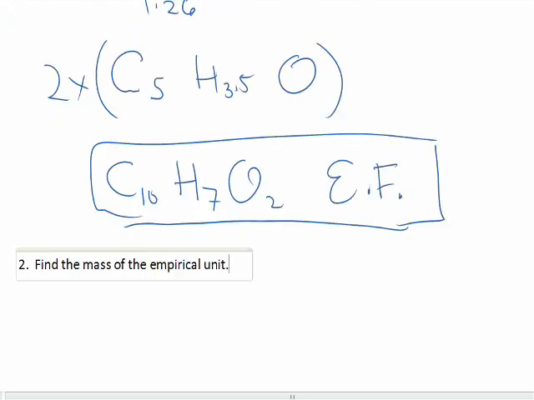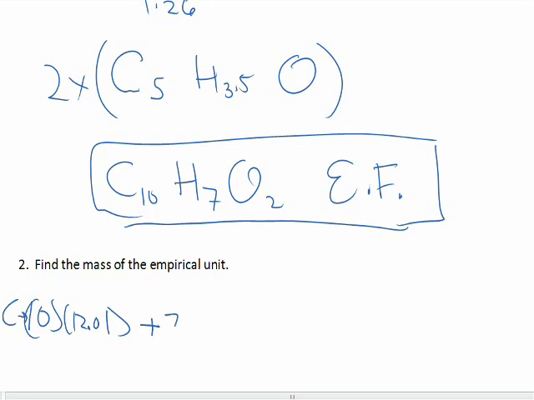So now we find the mass of the empirical unit, or the empirical formula mass. All these steps aren't very difficult. It's just remembering to do them all. So we have to find the mass of this empirical formula that we just found. We have 10 carbons, so for carbon, we have 10 multiplied by 12.01. That's the mass of carbon, remember.